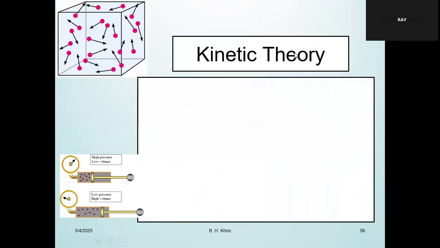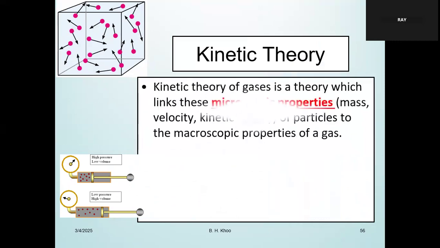So we come to kinetic theory. Kinetic theory of gases is a theory which links microscopic properties to macroscopic properties. Imagine that in the gas, there are particles. The particle has mass, has velocity, has kinetic energy.